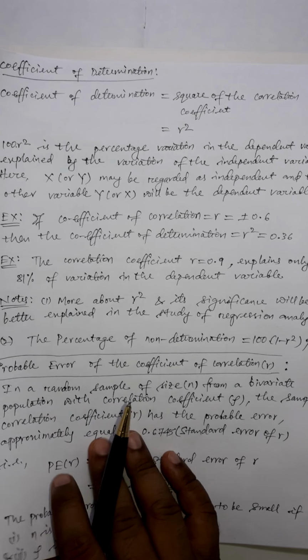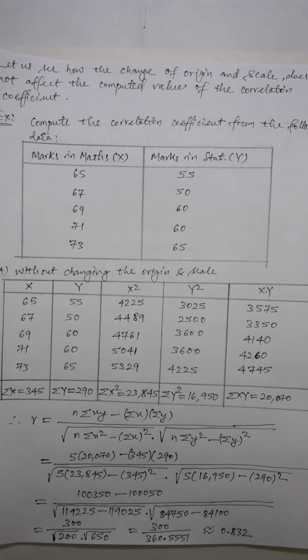Okay friends, now we have discussed earlier the coefficient of correlation, its properties, its interpretations. Then we discussed the coefficient of determination, then the percentage of non-determination, and at the end we discussed the probable error of the coefficient of correlation.